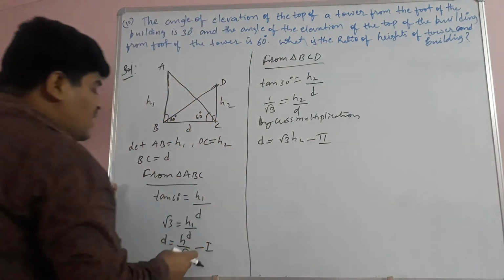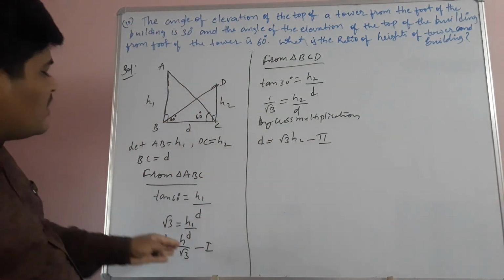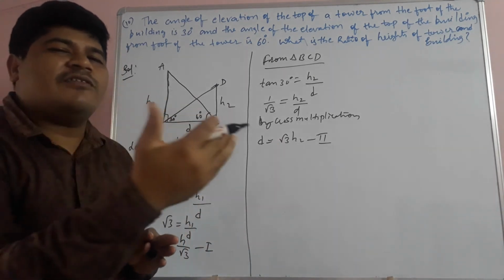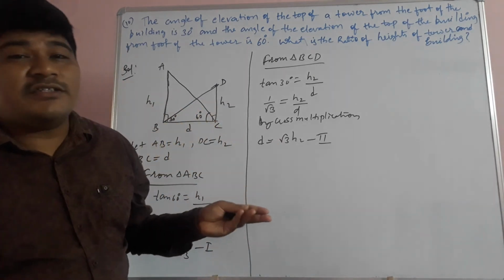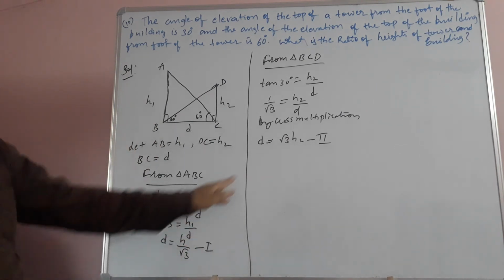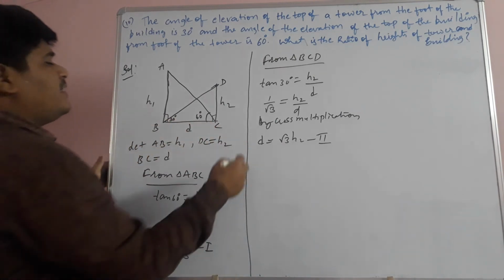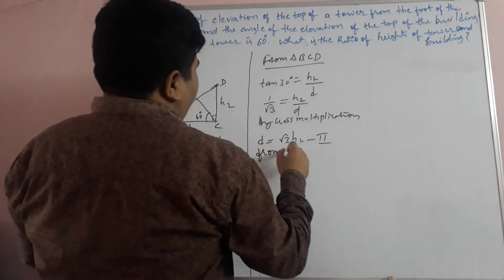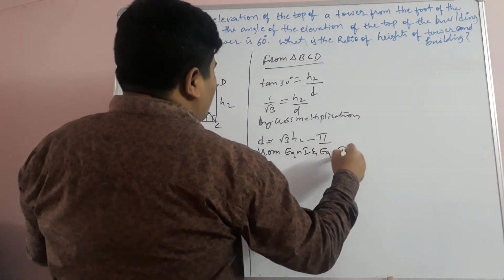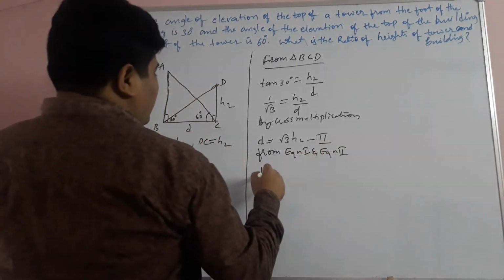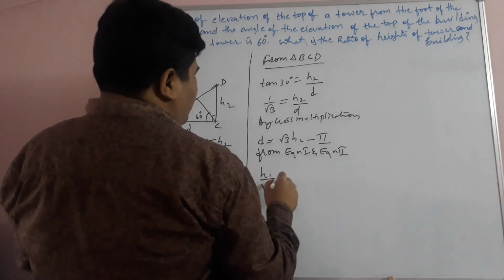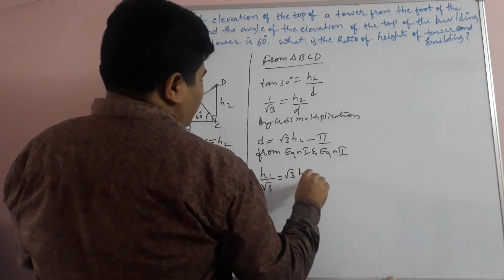And children, from equations 1 and 2, what can you tell? Both the things are equal to D. So what Euclid told: the things which are equal to the same thing are equal to one another. That is Euclid's axiom. So from equation 1 and equation 2, I can write H1 by root 3 is equal to root 3 H2.